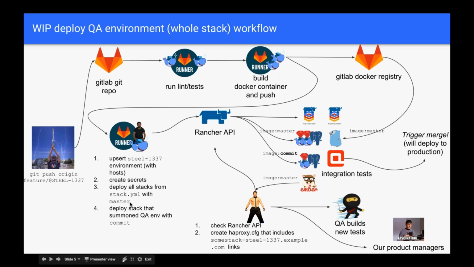So this gives us a QA environment with, say, 21 of our services being master and the one change that we actually want to test with the commit that we actually want to test. The nice thing about this convention with the @ that we have here is that we can let Shire handle which environment it should push to.